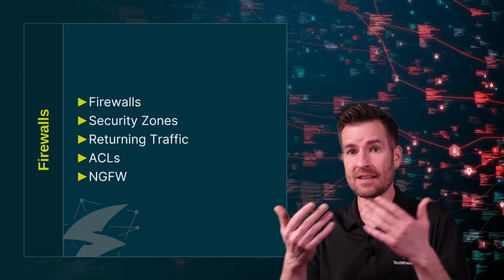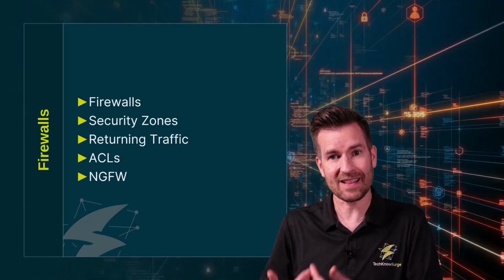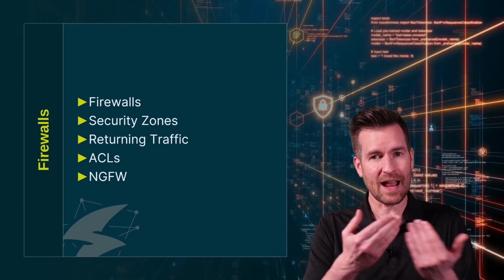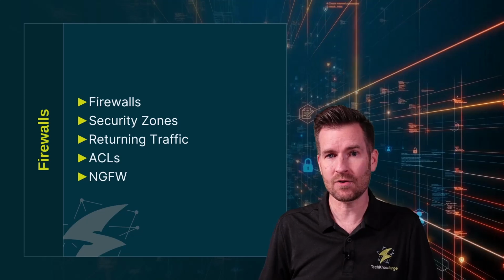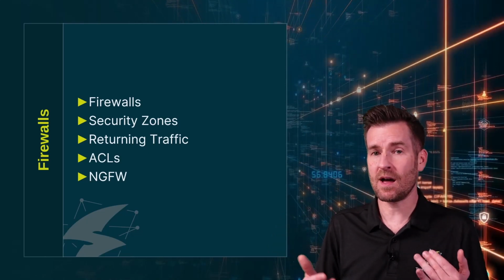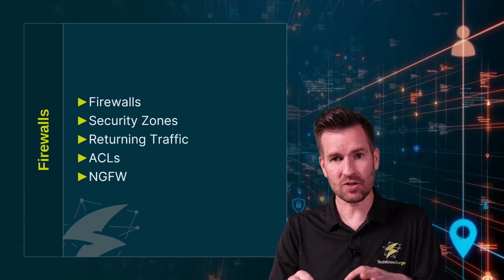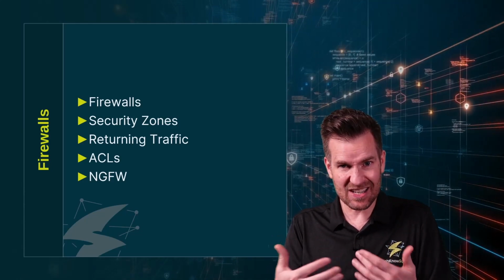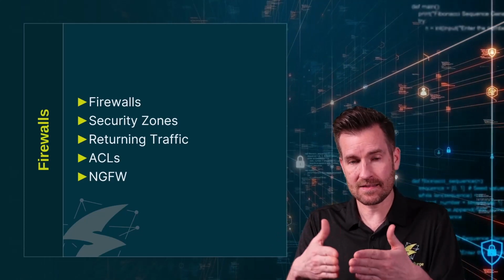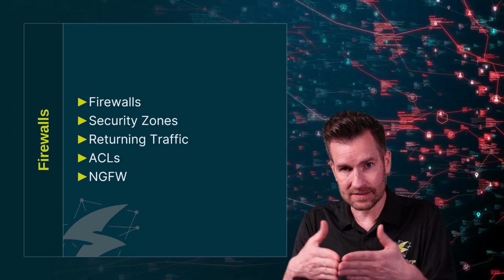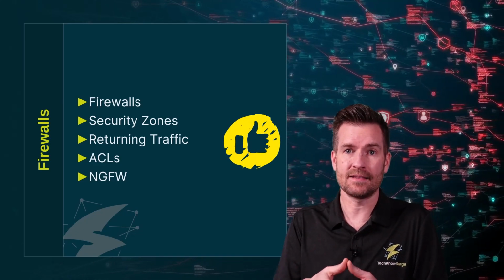For instance, maybe it's returning traffic, traffic that's been requested. Or maybe we have some sort of ACL that allows it. And then we wrapped things up talking about a next generation firewall, which actually gets into packet inspection and is able to make decisions based off of things found at the application level and something much deeper inside the packet.